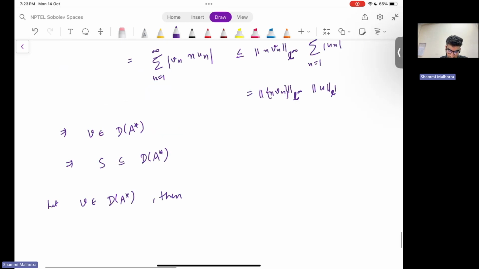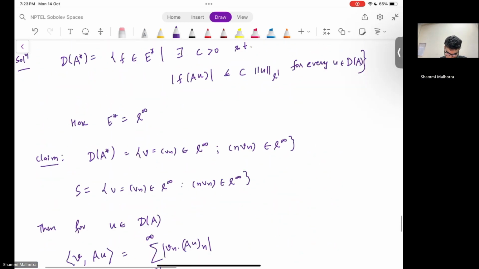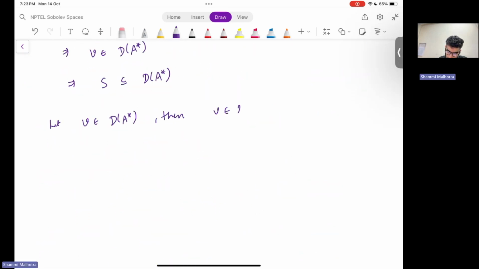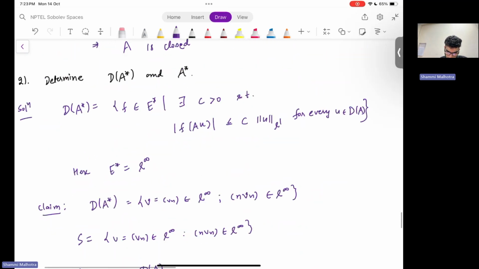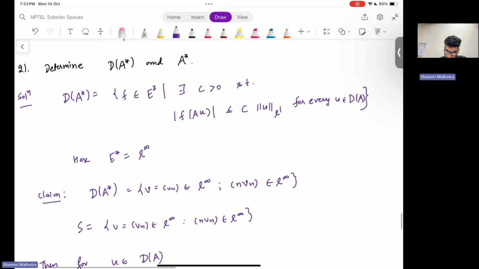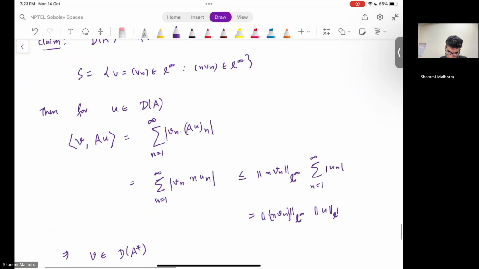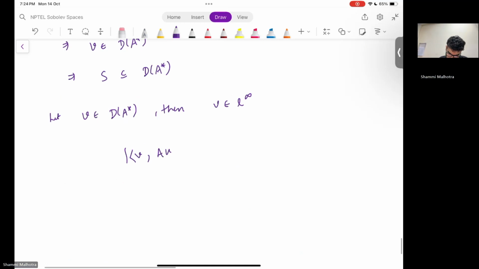Then v will be in L infinity first of all, and it will also hold that the duality product of v with Au is less than or equal to some constant times the L1 norm of u, and that holds for all u in D(A).